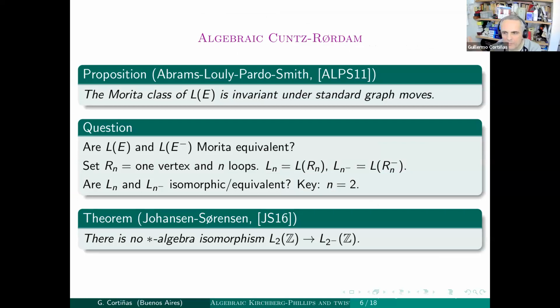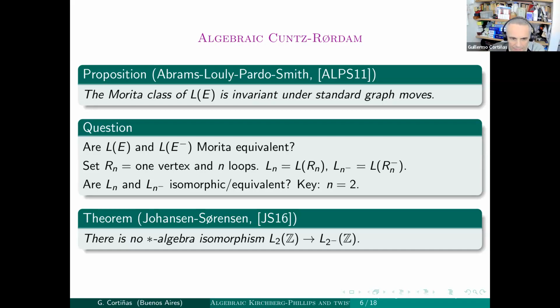Well, we know that On and On minus are Morita equivalent in the C-star algebra setting, and we do not know whether Ln and Ln minus are. Okay. Thank you so much.